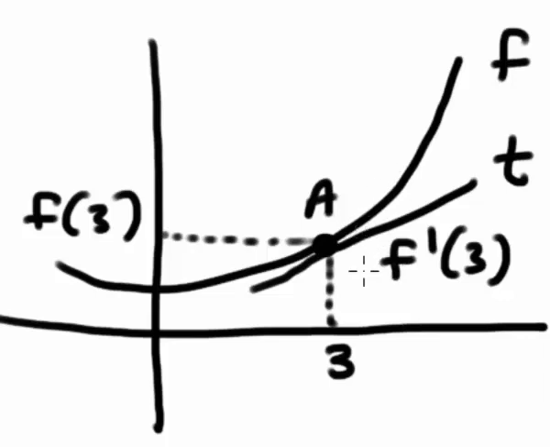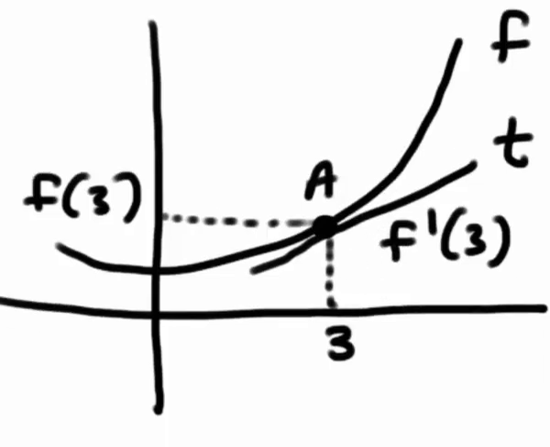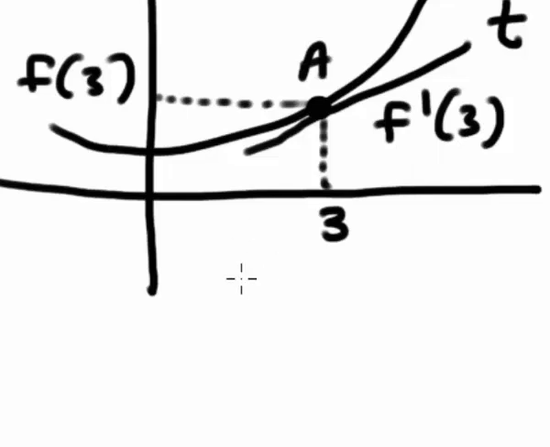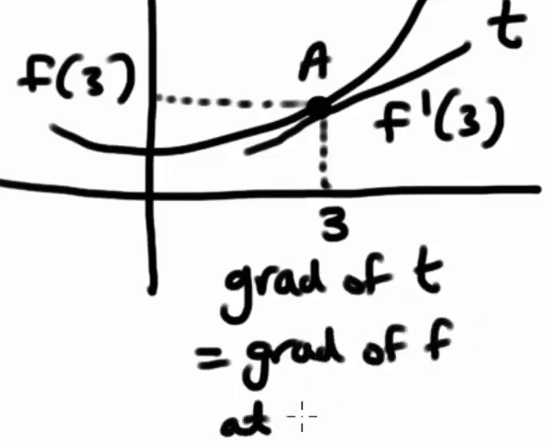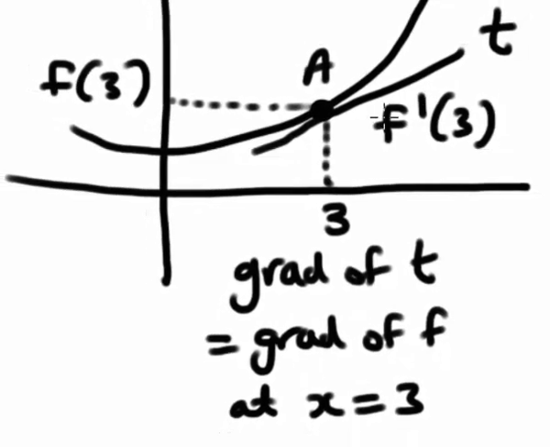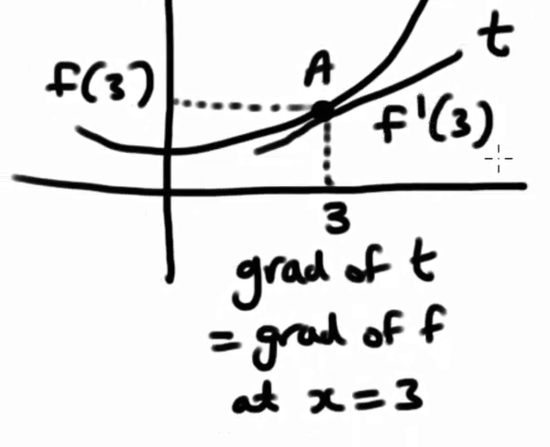So all you have to remember now, and this is the important thing, is that the gradient of the tangent is the gradient of the curve itself at x equals that point 3. We call it f prime 3, and it's worked out by working out that new limit, and we're going to do a lot of examples that relate to that.